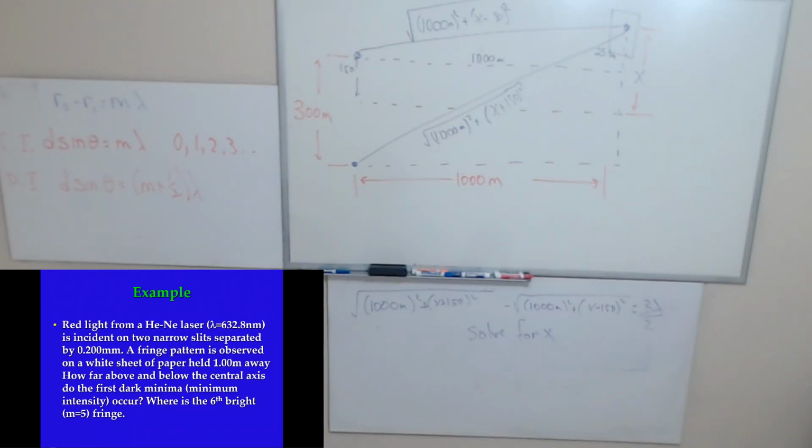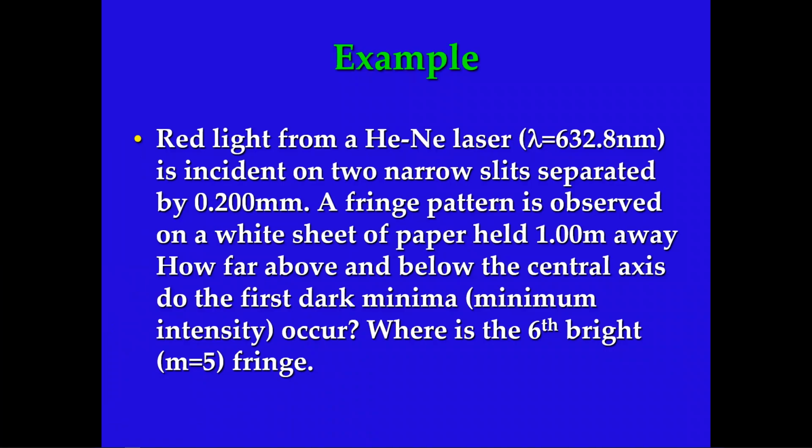Let me do another example. This time, something that's a little bit easier to do. We have red light from a helium neon laser. It's incident on two narrow slits separated by 0.2 millimeters. So D is 0.2.